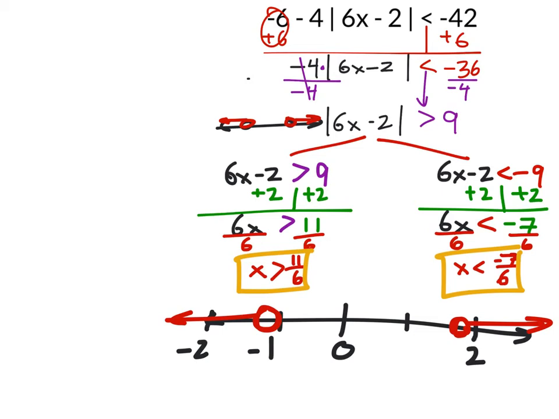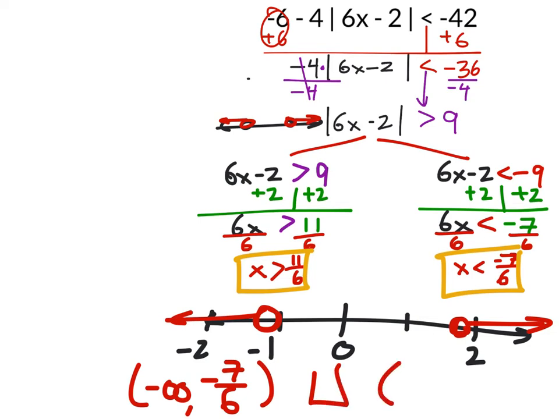Well, we can see that it goes from -infinity on the left, and then it stops at -7/6, which is not included, so we use a parenthesis there, and then we unite this with this other set over here starting at 11/6, which is not included, so I've got a parenthesis, and it goes all the way to infinity right here.